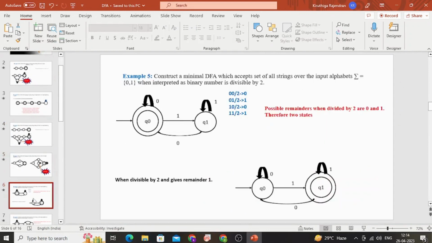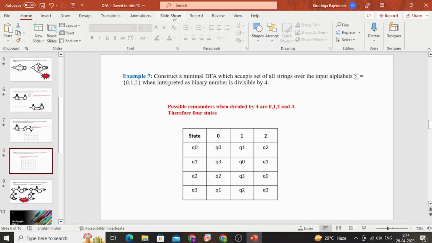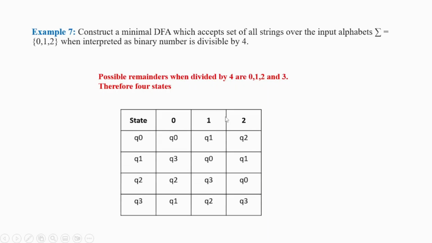So these are the alphabets. Write down all the alphabets here, 0, 1, 2, and start filling it. This is Q0, Q1, Q2, Q3, Q0, Q1, Q2, Q3, Q0, Q1, Q2, Q3. So we have got this table. Just convert this table to a DFA, right?